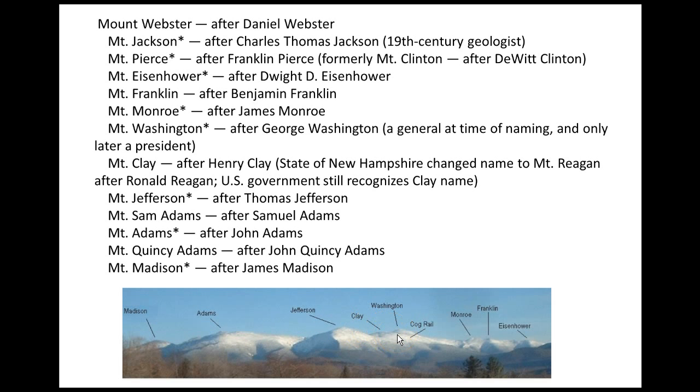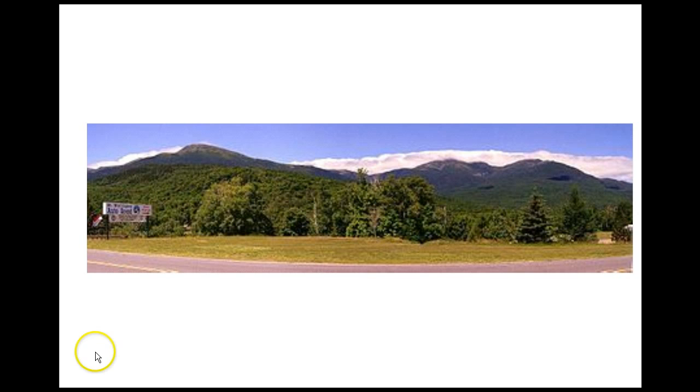New England is noted for its mountains up in New Hampshire and Vermont. The White Mountains are in the state of New Hampshire, basically, and attract a lot of visitors each year. And we're going to show you some of this.